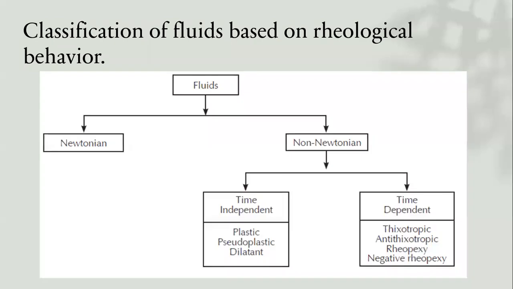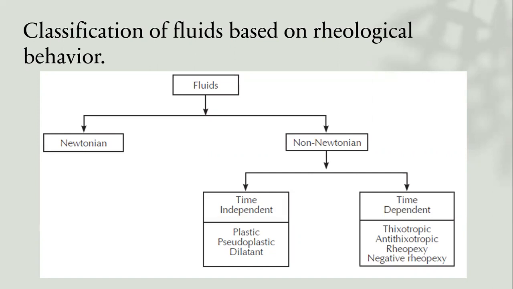Now we are going to see what Newtonian and non-Newtonian fluids are, basically how we classify fluids on the basis of rheological behavior. There are two types of fluids according to the rheological behavior of a liquid. One type are those liquids which behave like what Newton described, or they follow Newton's law.